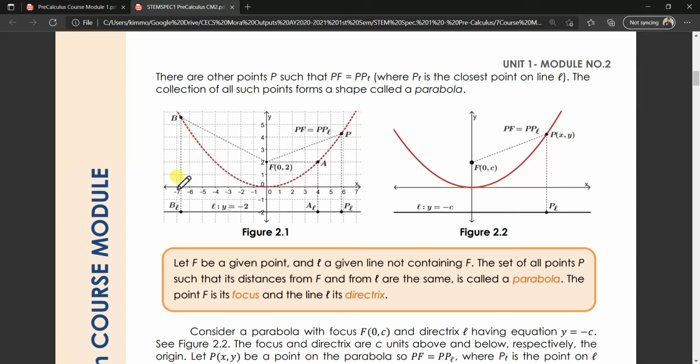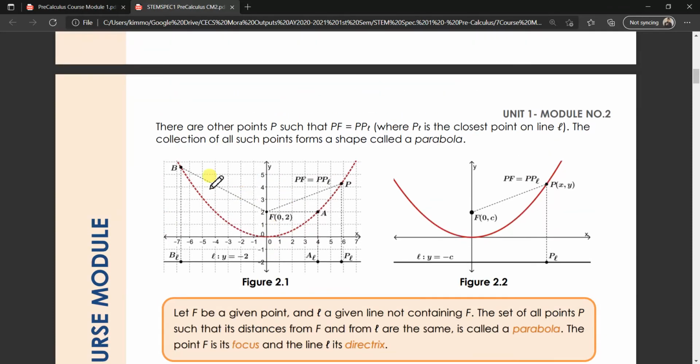Next is positive 8 for y. So for example, this is our point B, though it cannot be seen on the graph. So what is the distance from B to F and from point B to our line L? It is the same as before, where our example was point A. Now for point B, what is the distance?